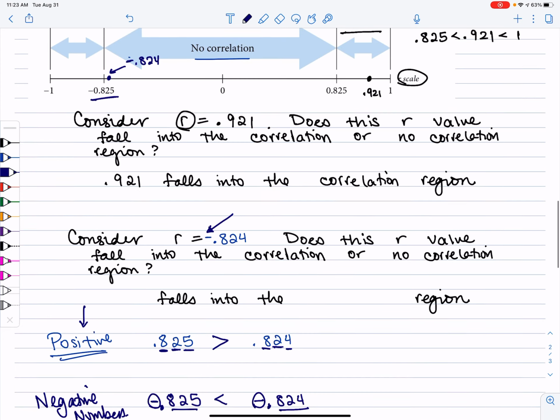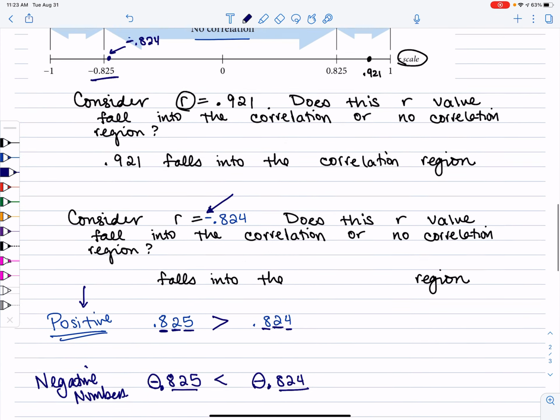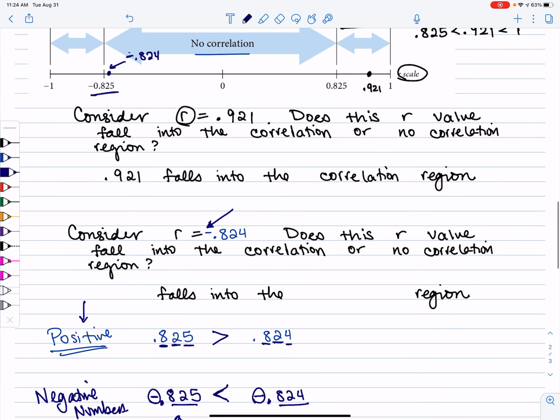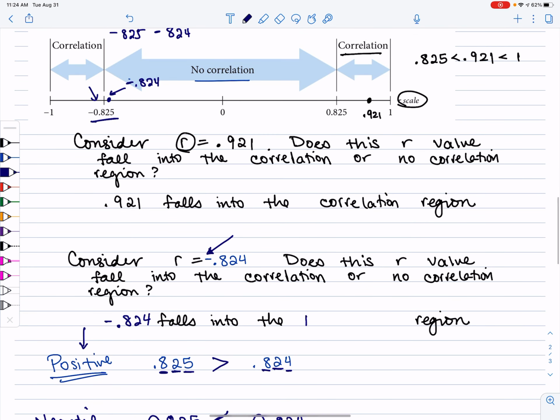And we can say that negative 0.825 is less than negative 0.824 because numbers to the left are always less than. And then we can also say that negative 0.824 falls into the no correlation region.